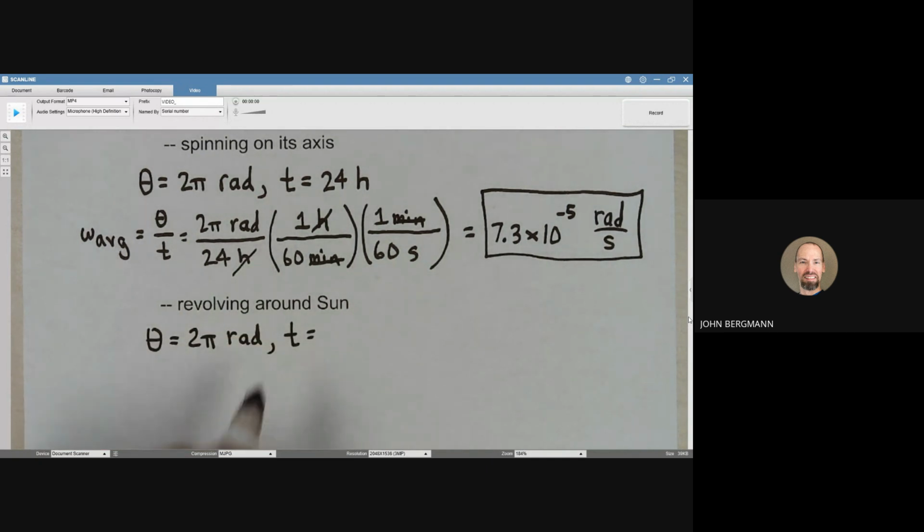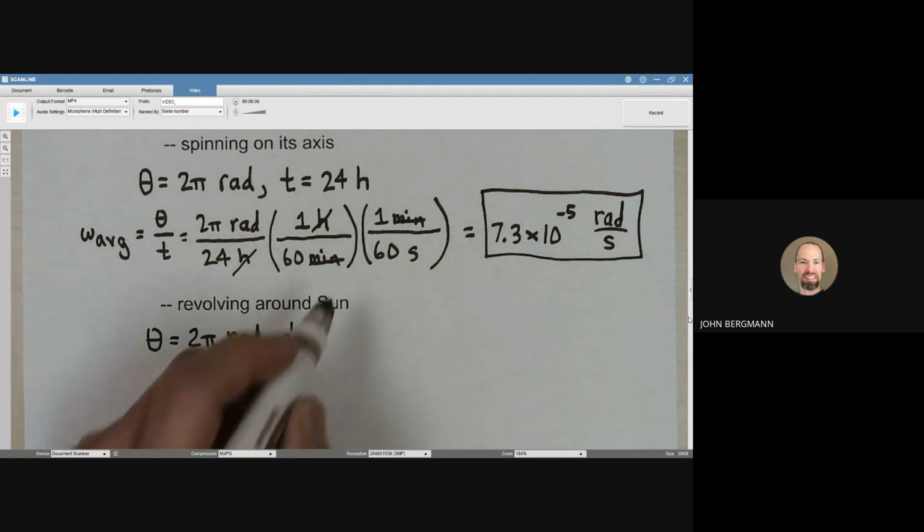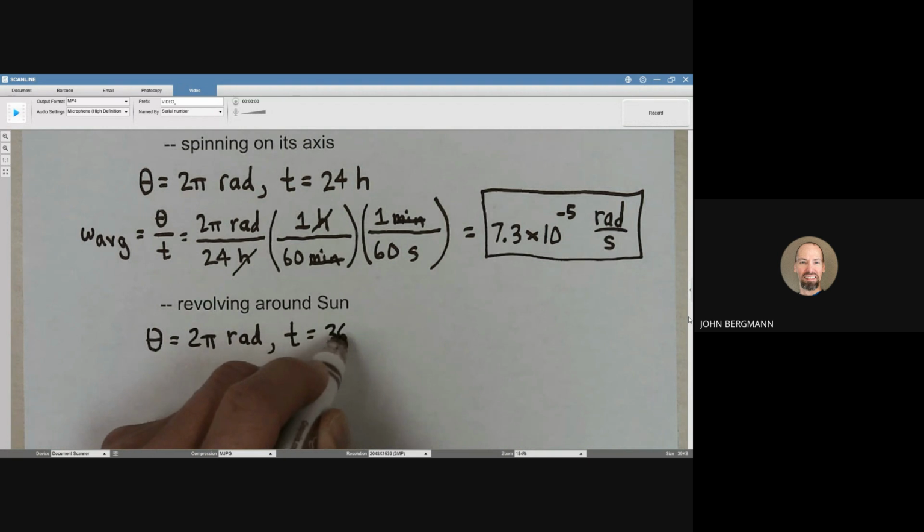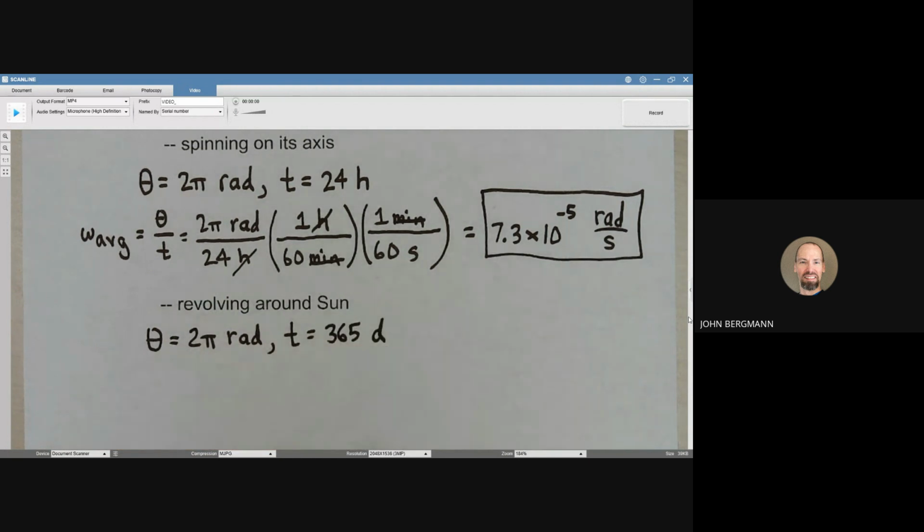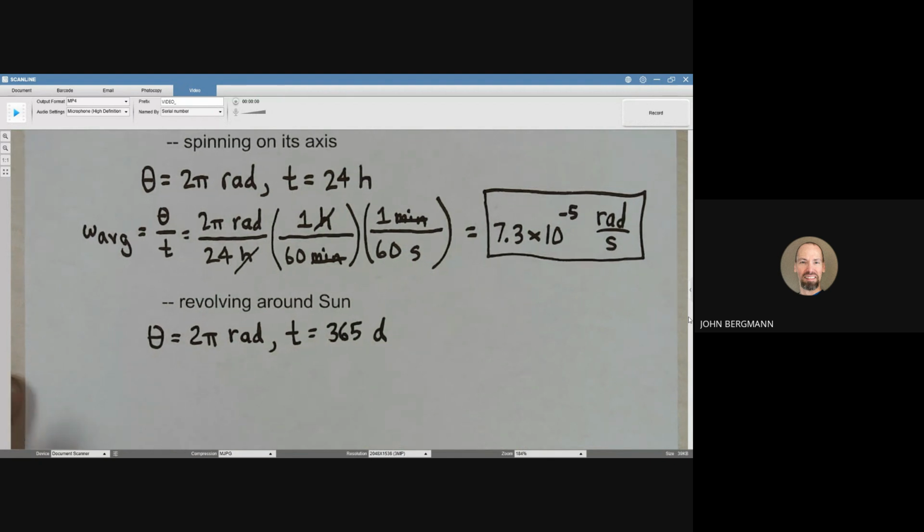The time is more like 1 year. If you want to write 1 year here, you're welcome to do that, but I'm going to go ahead and write 365 days, and one more time, I'm going to convert this into radians per second.